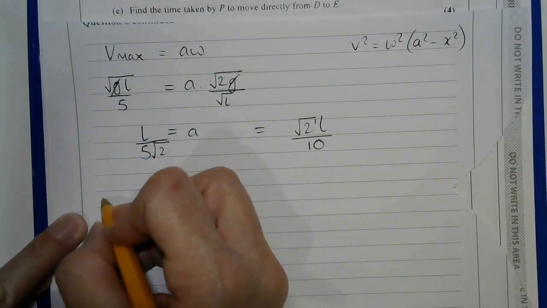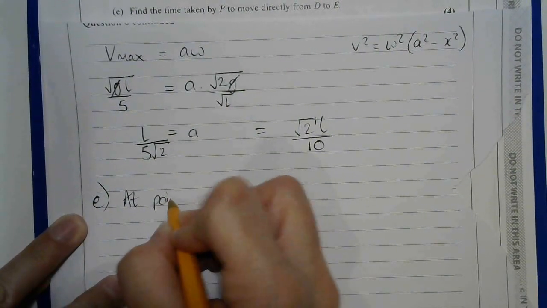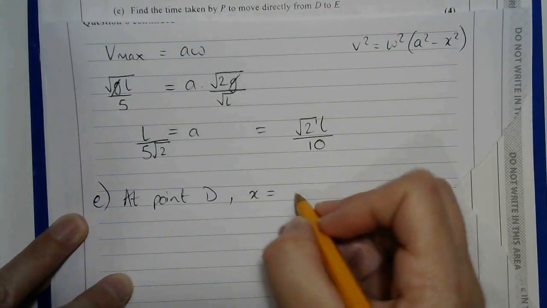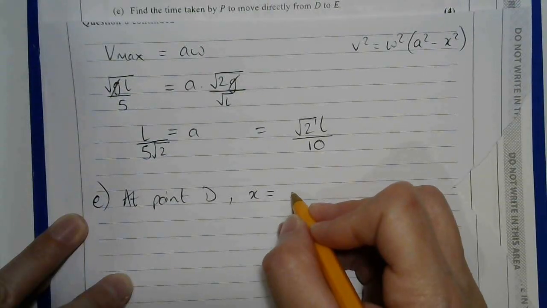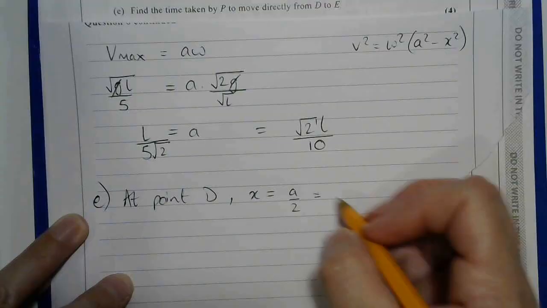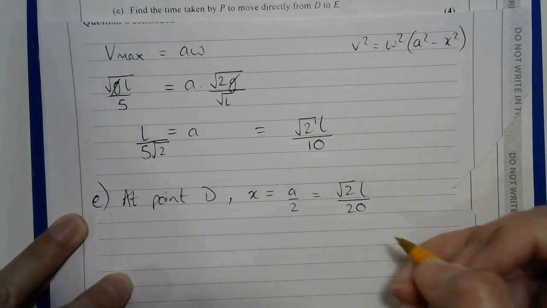So at point D, X is, so the extension will be half of A, which will be this divided by 2. So I'll end up with root 2 L over 20.